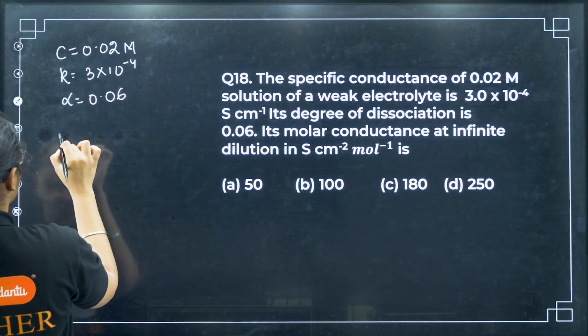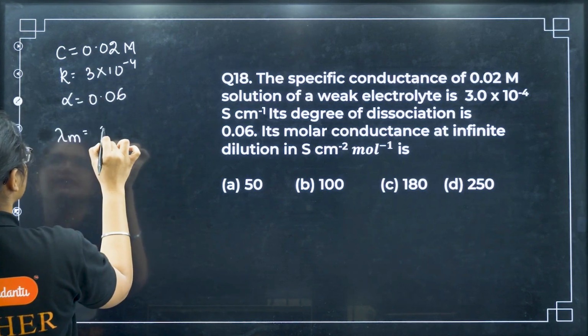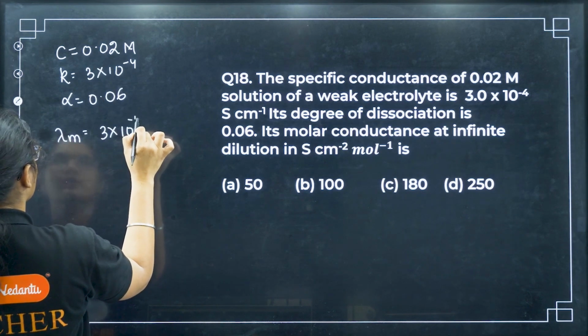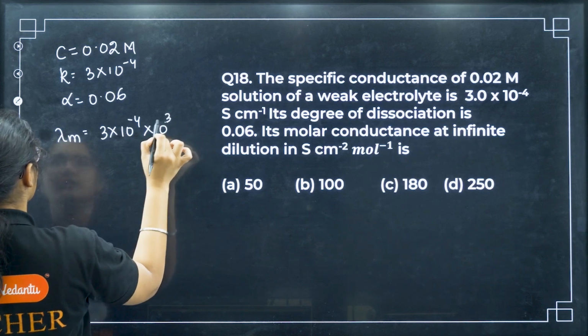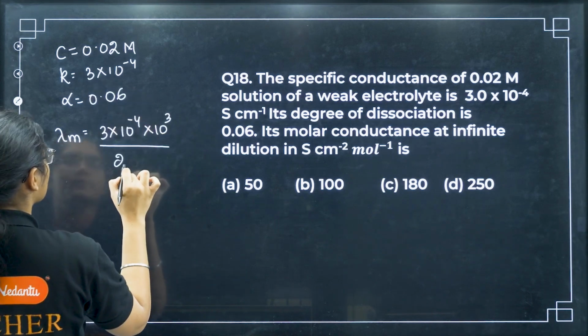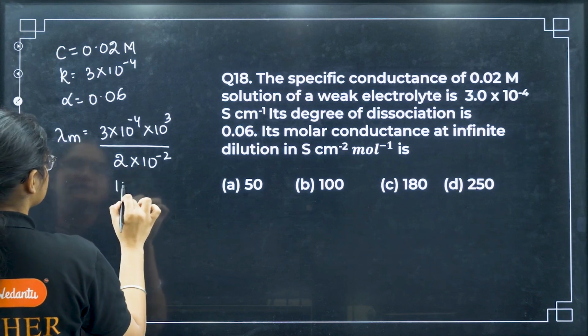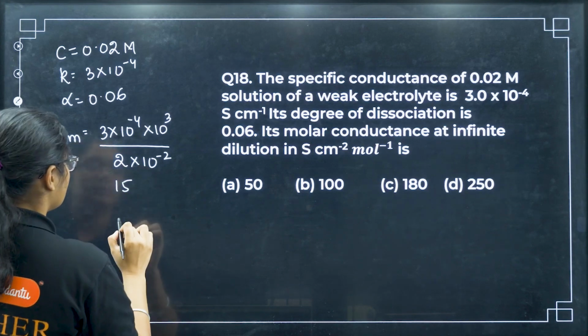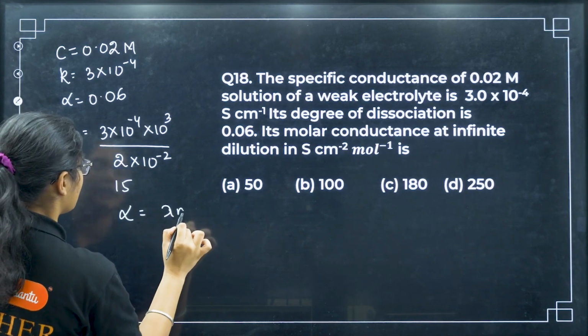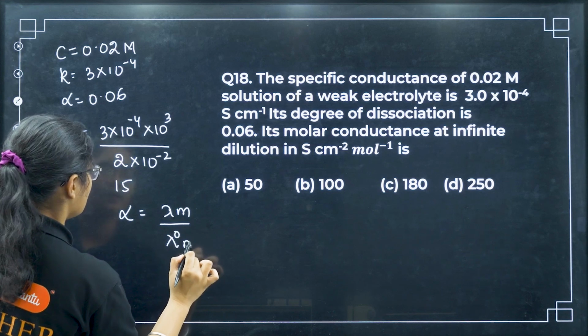So first let us find out the molar conductivity, that is kappa into 1000 by C. So I will get here, this as 15, right? Now what we have, alpha is equal to lambda m by lambda naught m, right?